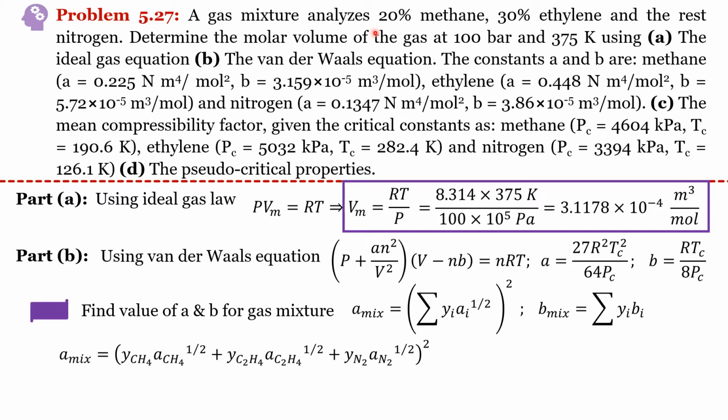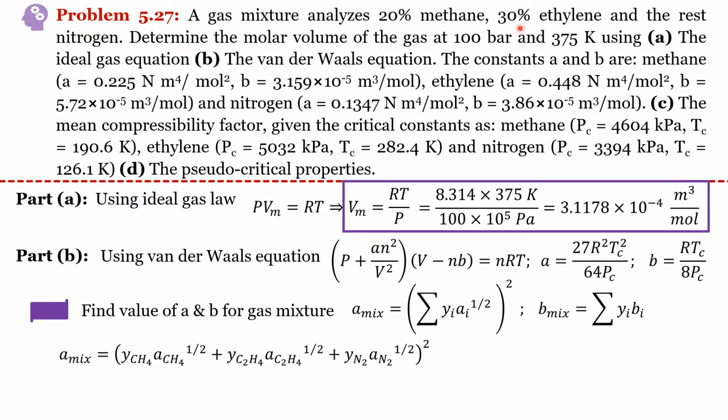In the problem we are given 20% methane, so the mole fraction of methane is 0.2 and the mole fraction of ethylene is 0.3, and the rest is nitrogen.